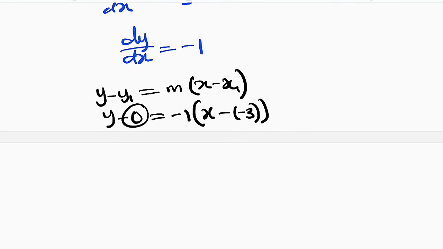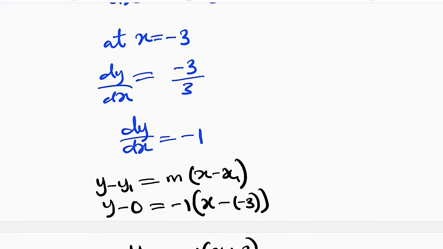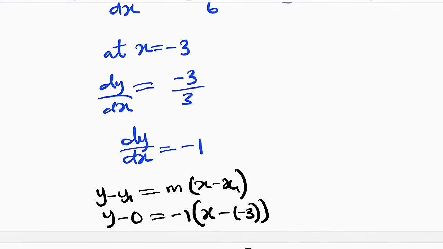This is why we have 0 here and negative 3 here. Let's simplify. This is y equal to negative 1 times x plus 3. If you expand, you have y equal to minus x minus 3. And yay, this is the equation of the tangent line to the curve at a point where x is negative 3 and y is 0.